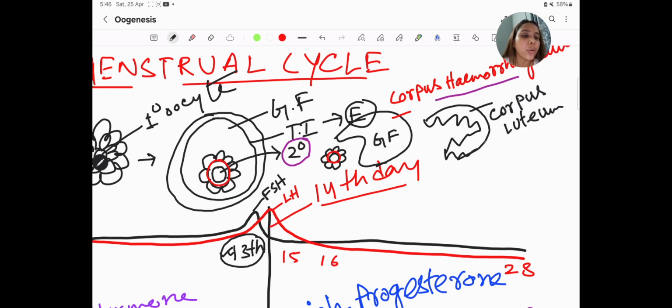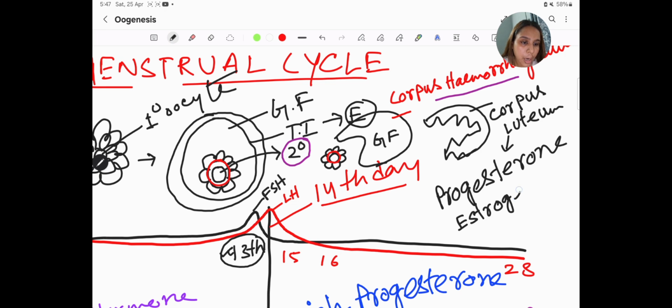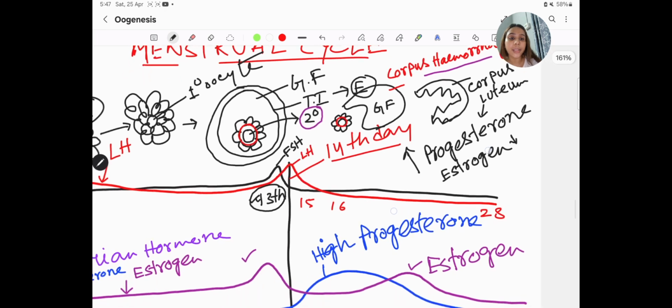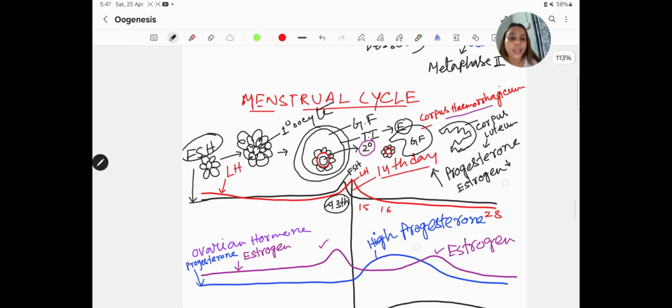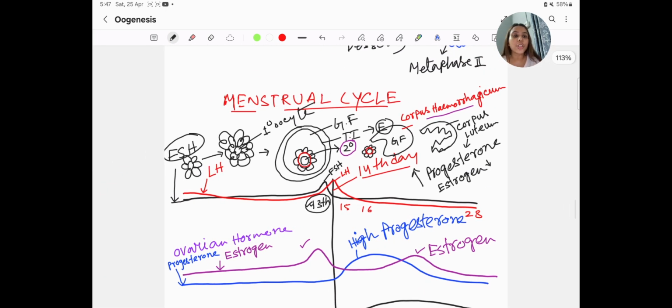This corpus luteum will secrete progesterone and a little amount of estrogen. High amount of progesterone and low level of estrogen. Okay, but at that time there is no FSH and no LH hormone released by the anterior pituitary.